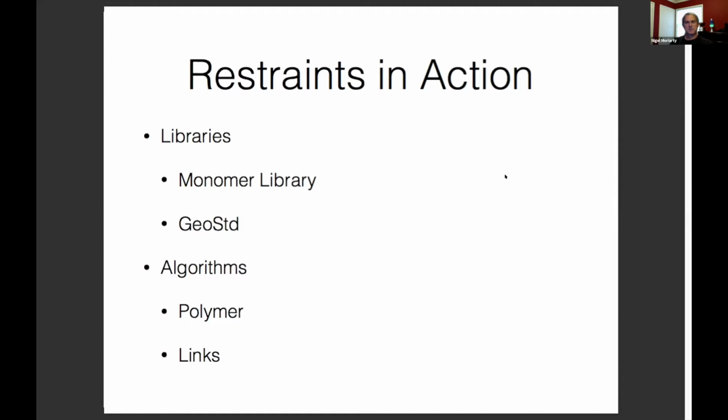But there are also algorithms in Phenix that will provide things like polymerization. If you think about it, each one of the amino acids in your protein is basically a unit which has some restraints, but it also needs to be linked to the next unit in the protein chain or the nucleic acid chain.